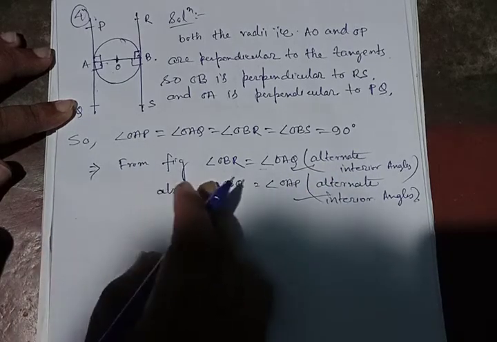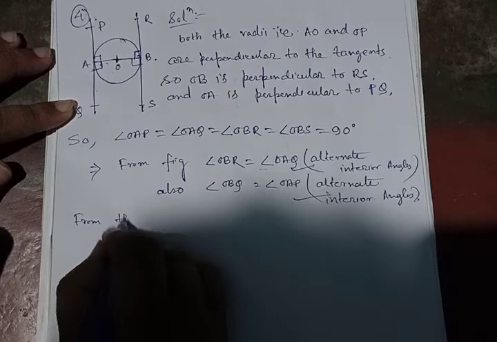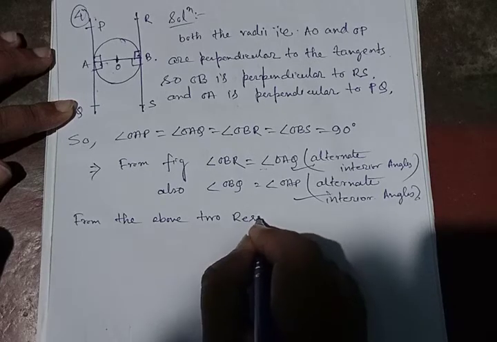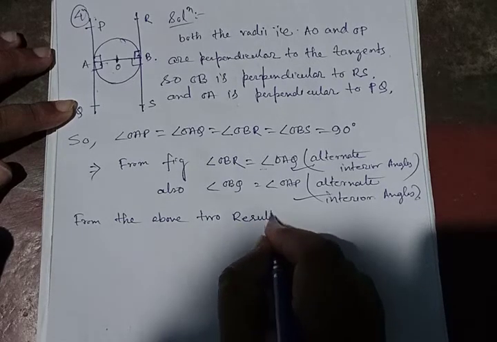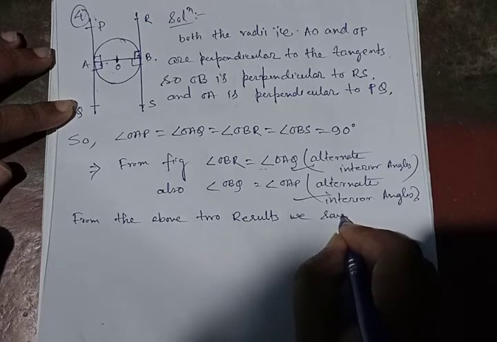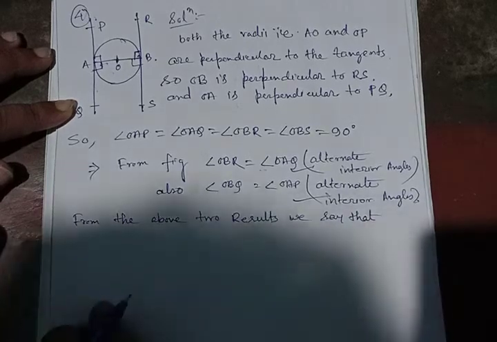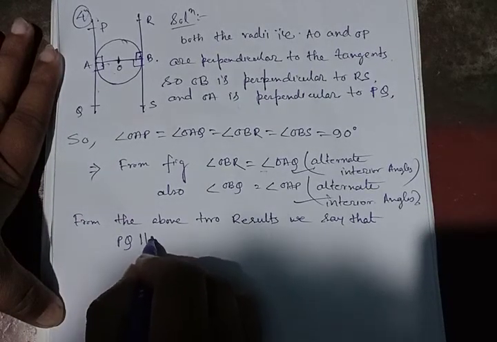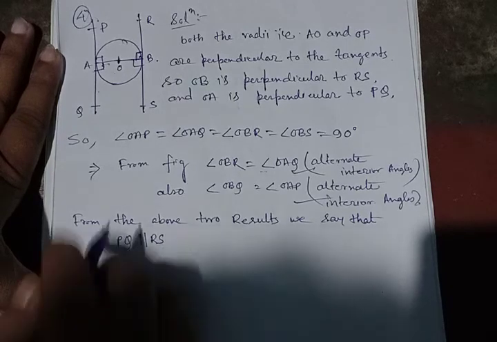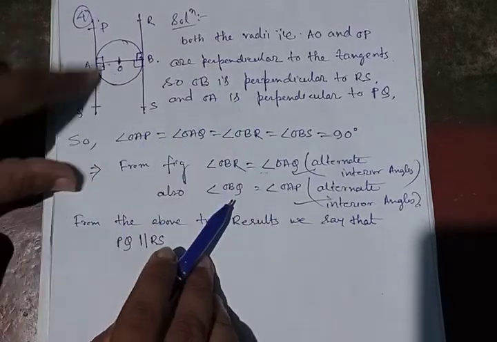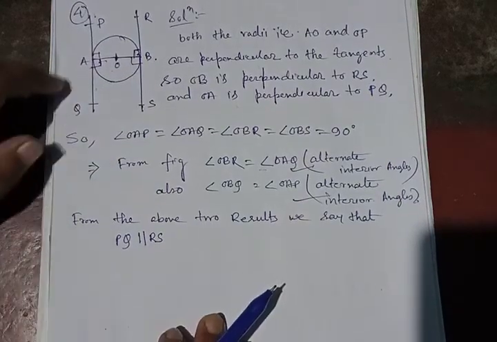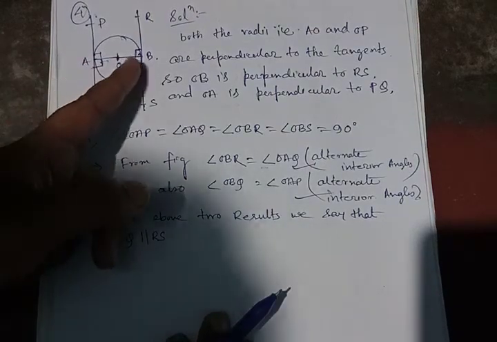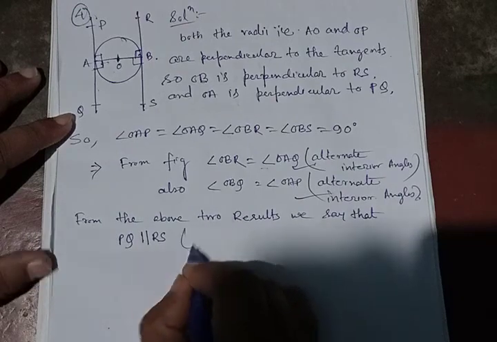So from the above two results, we say that PQ is parallel to RS. So it's shown. We have to show that PQ is parallel to RS because PQ and RS are the tangents which pass through the end points of the diameter of the circle. So hence proved.